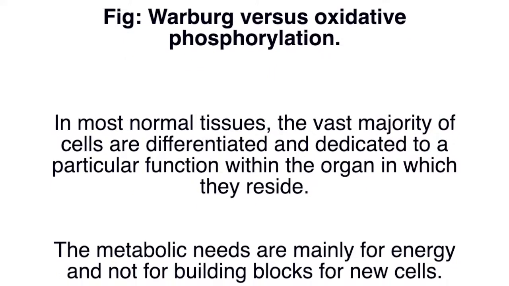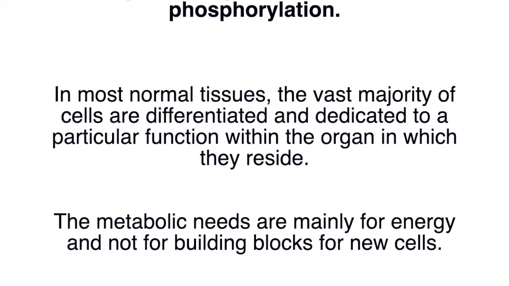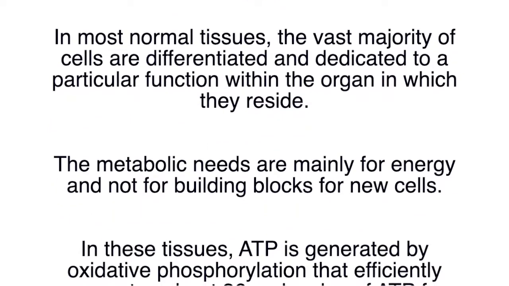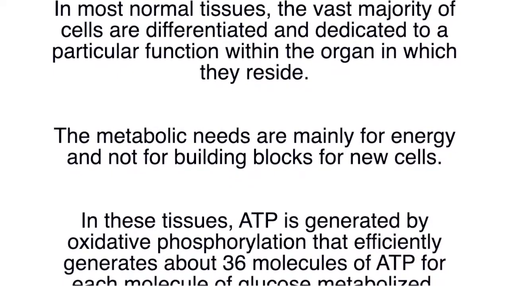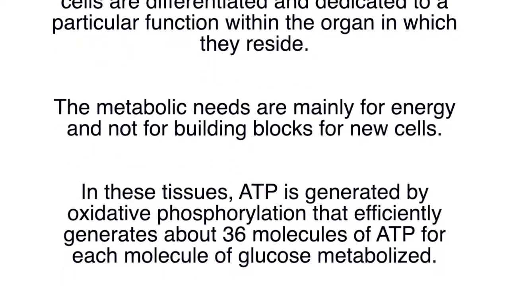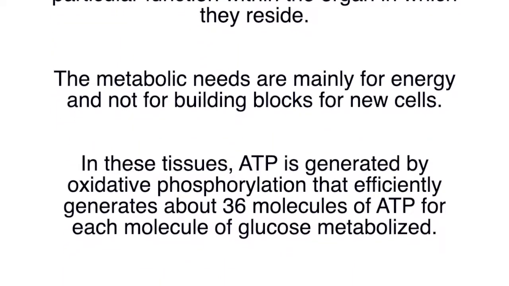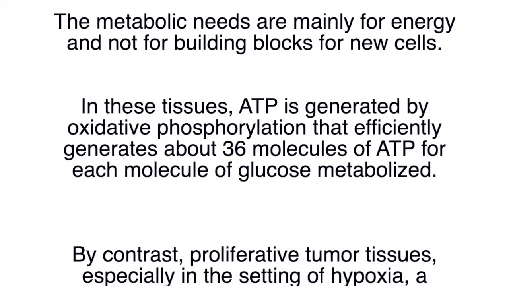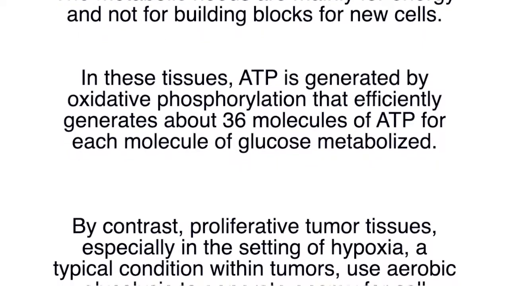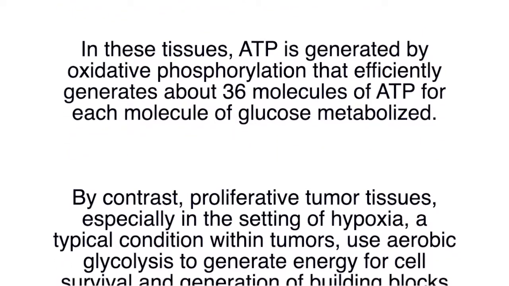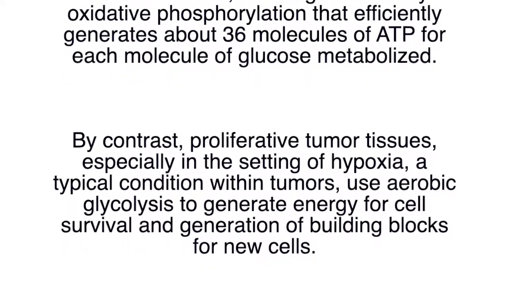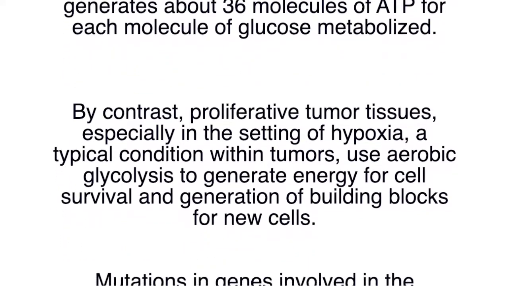In most normal tissues, the vast majority of cells are differentiated and dedicated to a particular function within the organ in which they reside. The metabolic needs are mainly for energy and not for building blocks for new cells. In these tissues, ATP is generated by oxidative phosphorylation that efficiently generates about 36 molecules of ATP for each molecule of glucose metabolized.